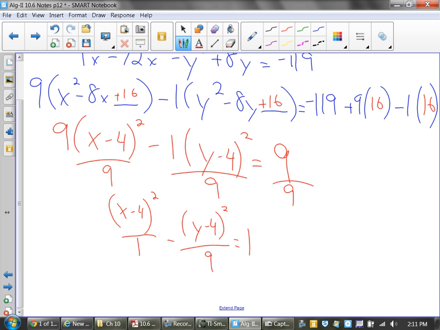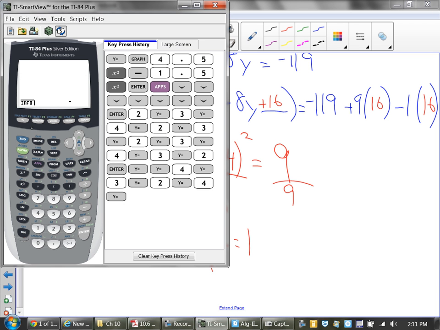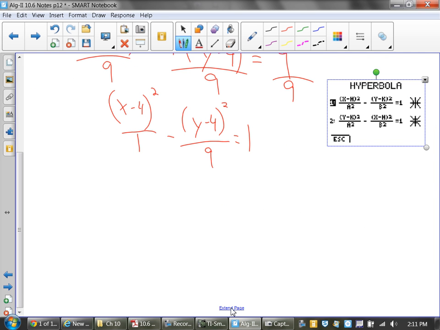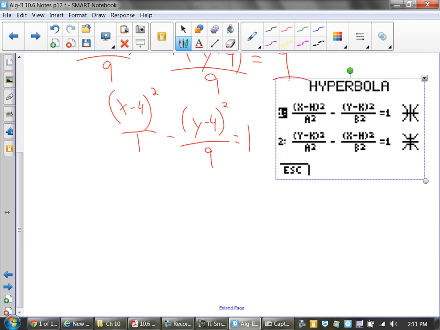Okay. So now, again, we know that this was a hyperbola because it had a subtraction symbol between the two. This is where things get messy. When you're graphing a hyperbola, we gotta look at our calculator. Which one came first, x squared or y squared? X squared.